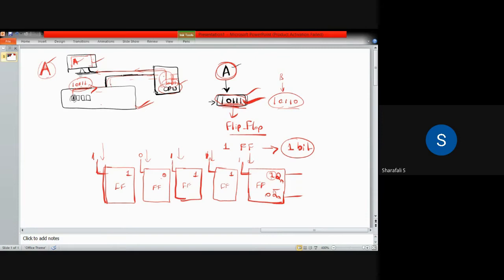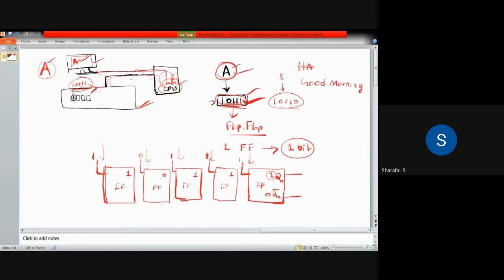Until then, the CPU has to store those values somewhere, and they will be stored in these flip-flops. And if you arrange a number of flip-flops like this, then you can store a large number of bits of data. Suppose you want to write something like hi, or something like good morning.